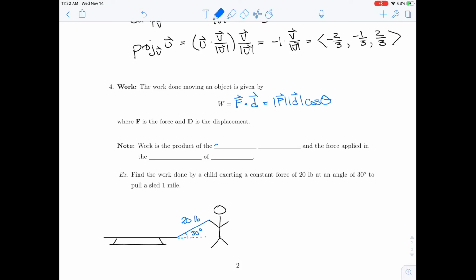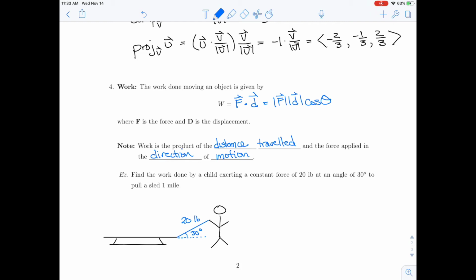So work is the product of distance that an object has traveled and the force applied in the direction of motion.